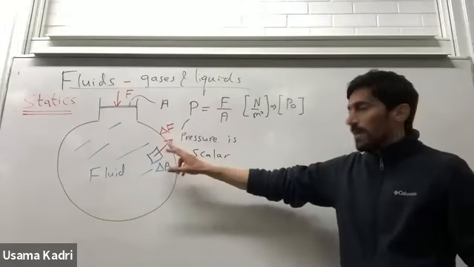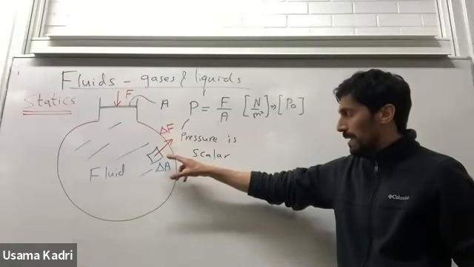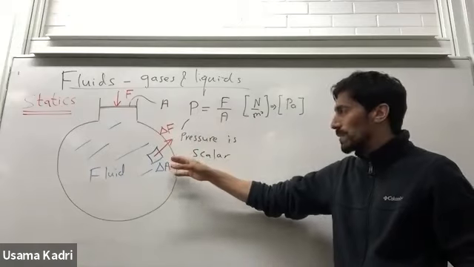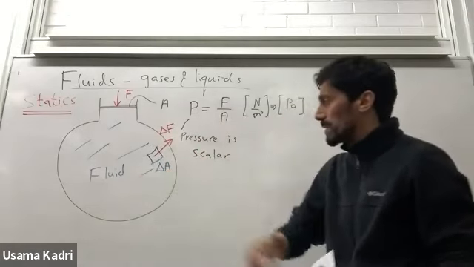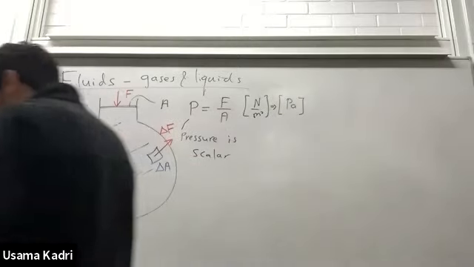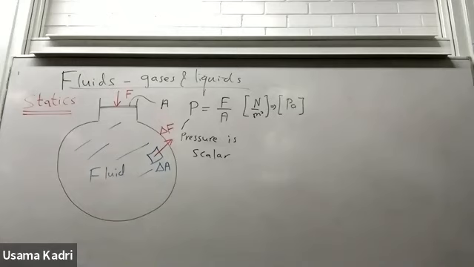So we conclude that the only net force that would be in the system would be perpendicular to the surface, delta A, the surface of the container. Okay.